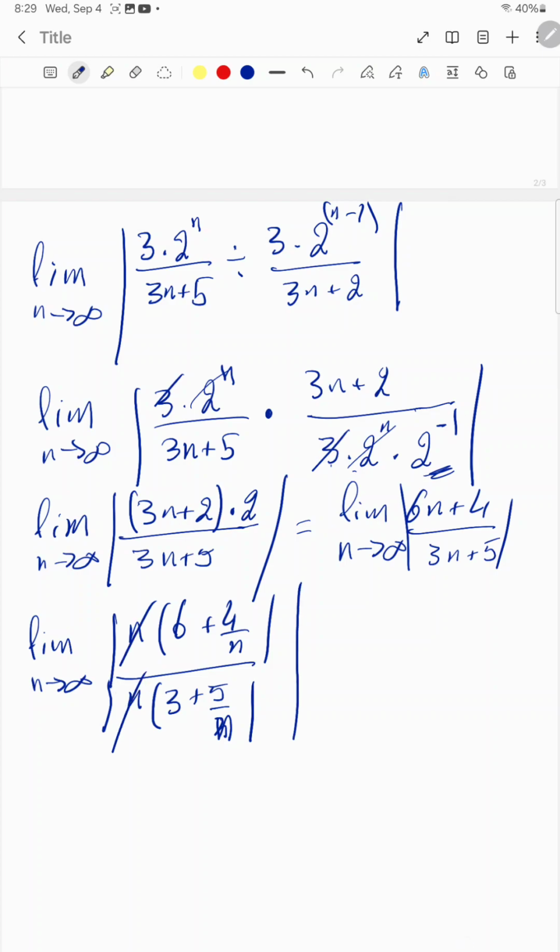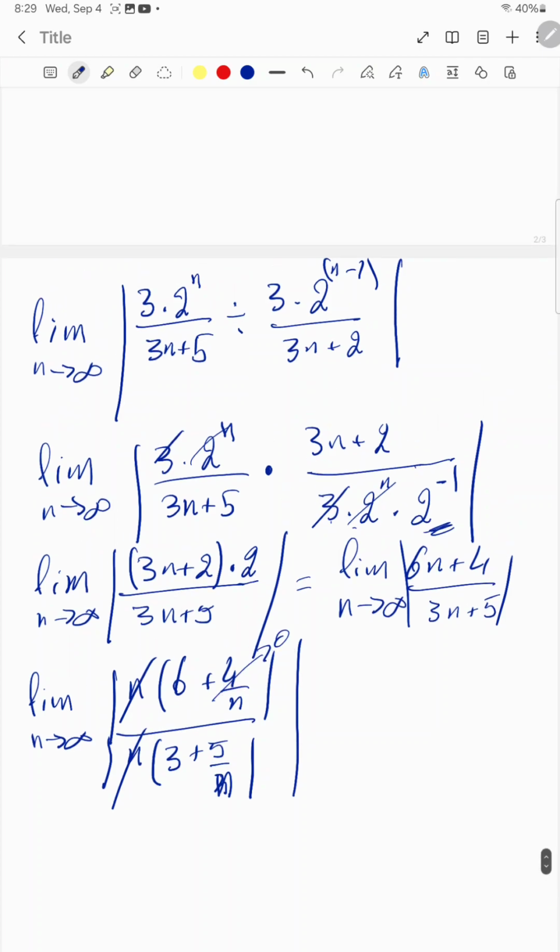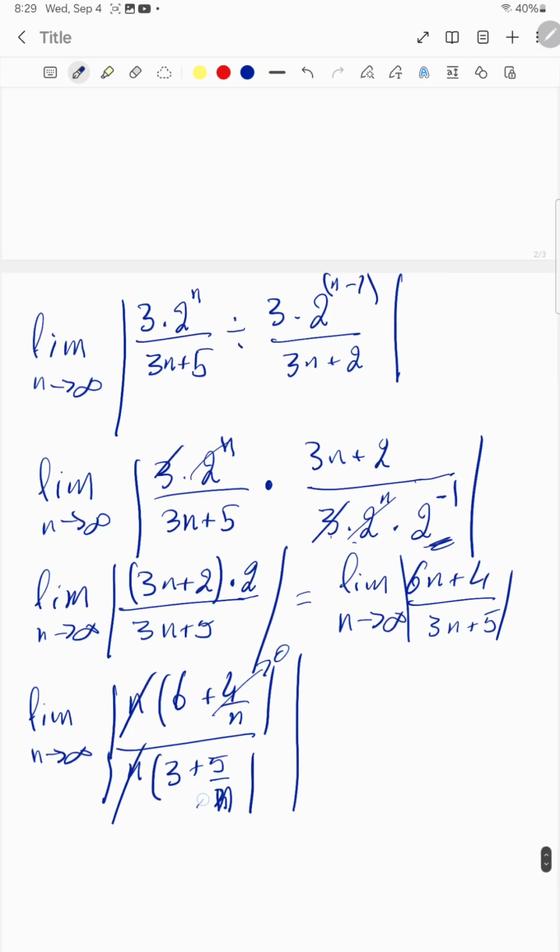So here I can simplify n, and when n goes to infinity, 4 divided by infinity is equal to 0, and 5 divided by infinity is equal to 0. So I would have 6 divided by 3, which is equal to 2. And since the limit is 2, and 2 is greater than 1, the ratio test indicates that this series diverges.